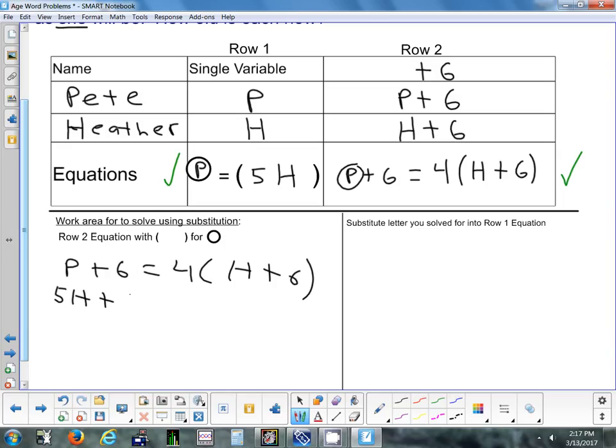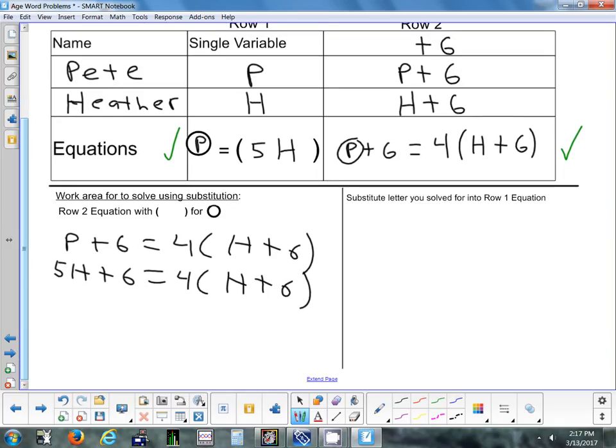I'm going to substitute the row 1 equation into the row 2 equation. Dominic, how many different letters in that equation? 1, good. Just H's, that's how you know you did it right. You only have 1 letter now. So when we're done solving this, whose age am I going to know? I'm going to know Heather, and then I'll go back and figure out the other person.